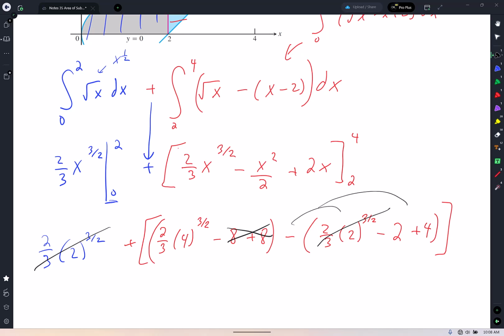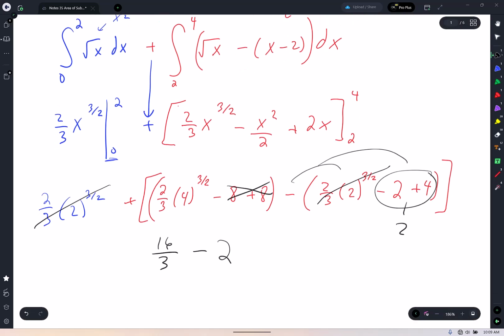Let's see what I have. I'm just adding them up now, guys. The square root of 4 is 2, and 2 to the 3rd is 8, and 8 times 2 is 16. So 16 over 3 minus, let's see, negative 2 plus 4, this guy right there is a 2, so minus, is it just minus 2?